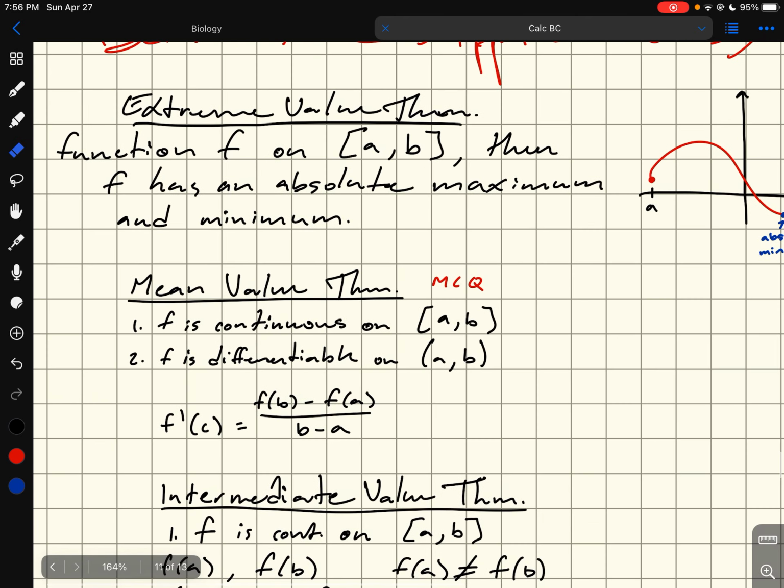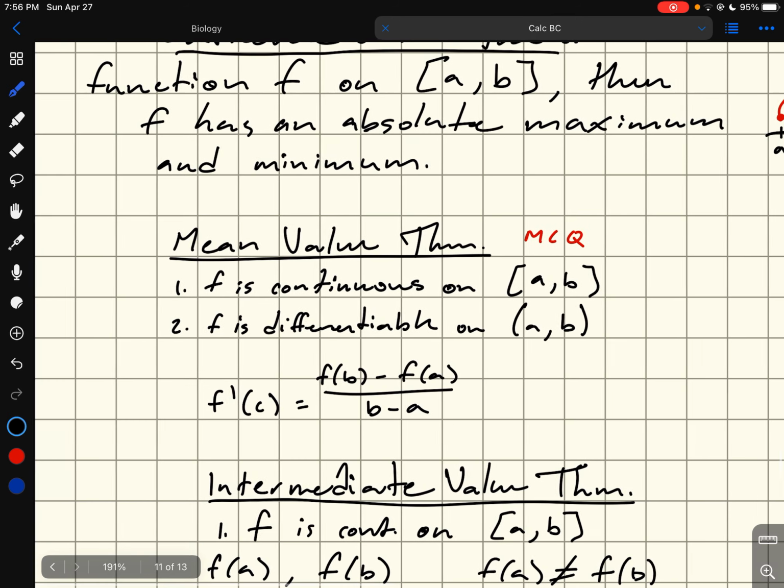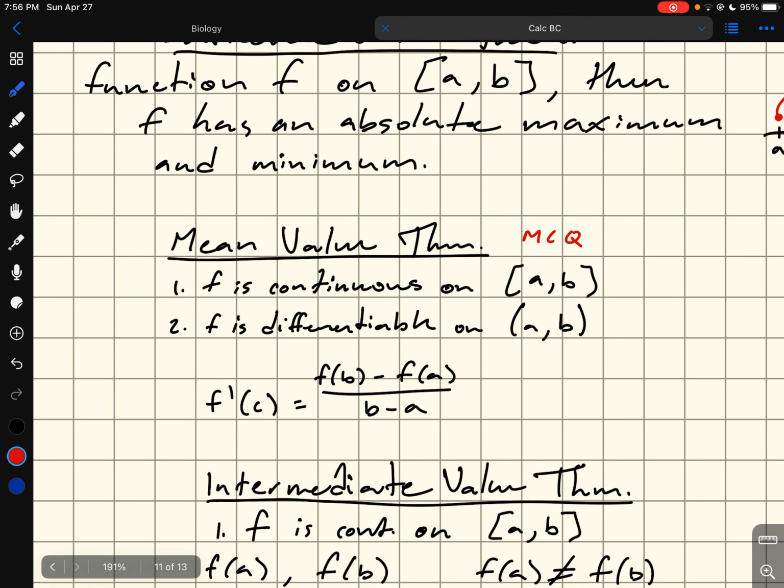Okay, mean value theorem. There are two conditions that have to be met before you can use mean value theorem. First is that f is continuous on the closed interval. And the second is it's differentiable on the open interval.